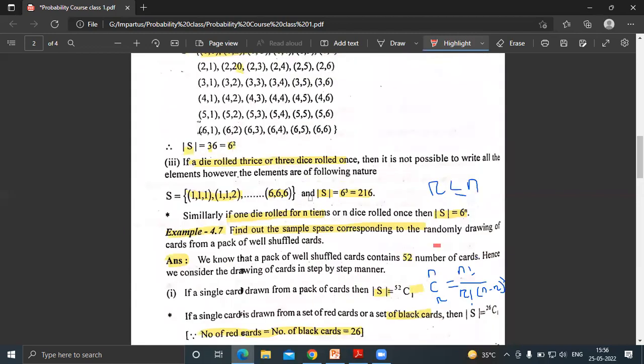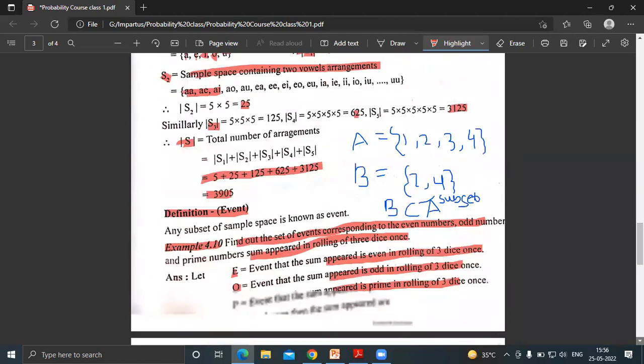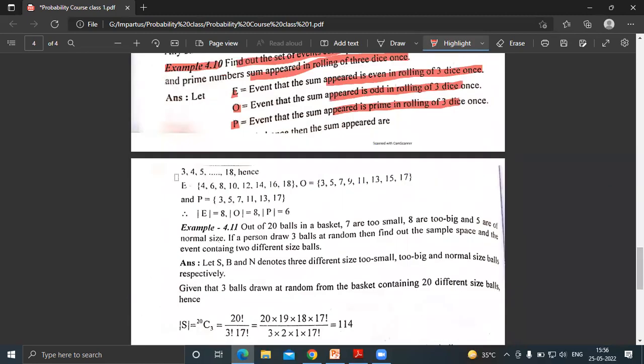Here the minimum is 1, 1, 1. If you add it, it is 3. Then 1, 1, 2 gives 4. The maximum is 6, 6, 6, and if you add it, that is 18. So the sample space may be 3, 4, 5 up to 18.